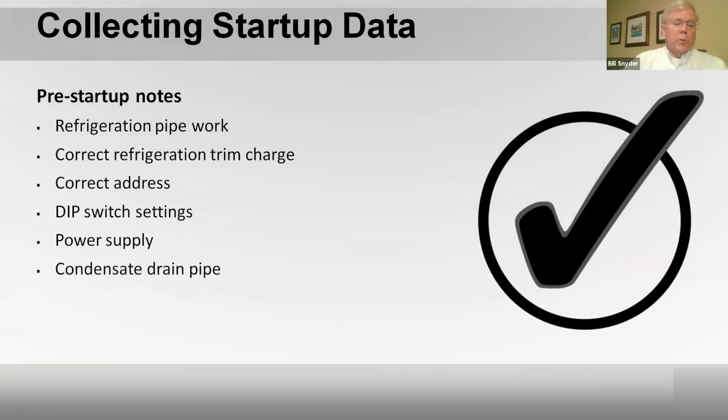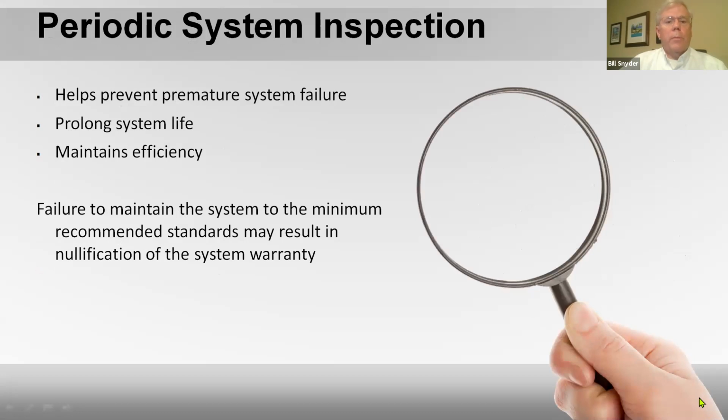And make sure all the dip switch settings and all are proper. You check your voltages, make sure you got the proper supply and that the condensate drain is in good shape. Make sure that you can get to everything for a periodic look at the system, make sure the coils are clean and so forth, and make sure that you can get to it and clean the coils.